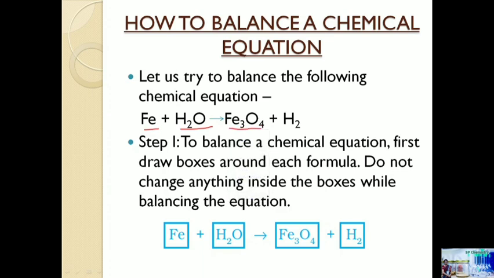It is a mixed oxide of ferrous oxide and ferric oxide. Ferrous oxide is FeO and ferric oxide is Fe2O3. And if we mix these two oxides, we get ferroso-ferric oxide. Fe3O4 is the composition of rust, and hydrogen gas evolves in this reaction.